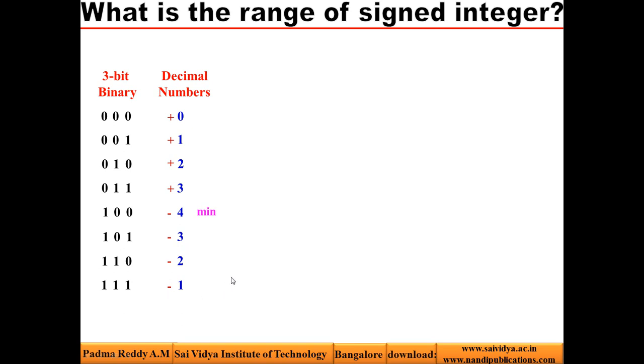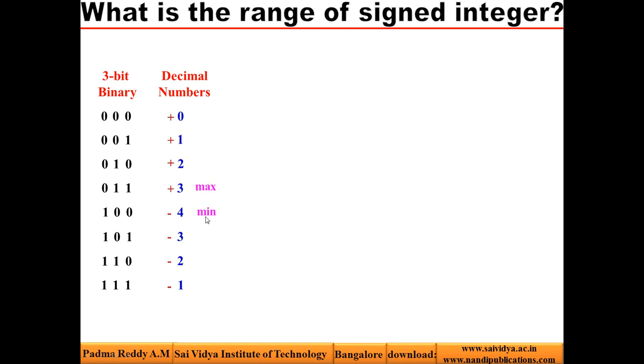Minus 1 plus 1, it becomes plus 0. Plus 0 plus 1, it will be plus 1. Plus 1 plus 1, it becomes plus 2. Plus 2 plus 1, it becomes plus 3. So this is the maximum positive number.